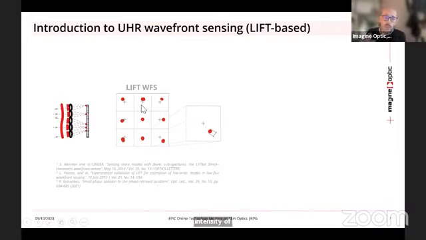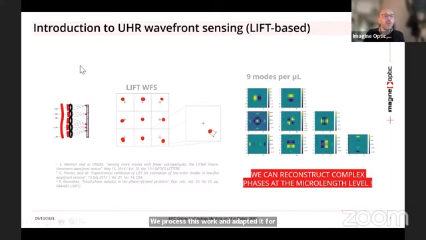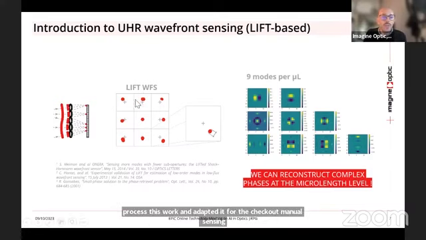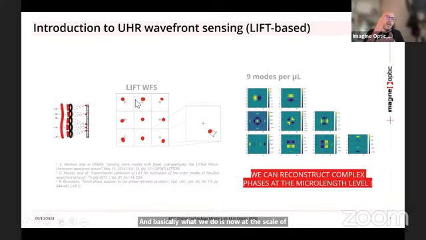So we pursued this work and adapted it for Shack-Hartmann wavefront sensing. Basically, what we do now is, at the scale of a microlens, we can analyze the distribution of intensity coming from up to 9 different types of aberration.